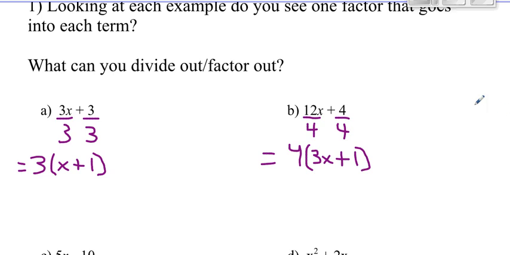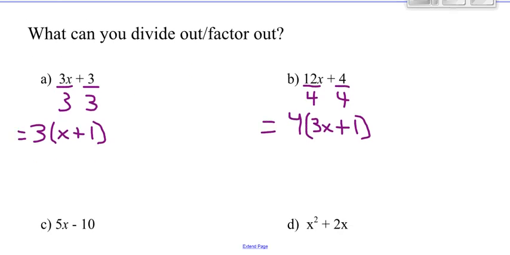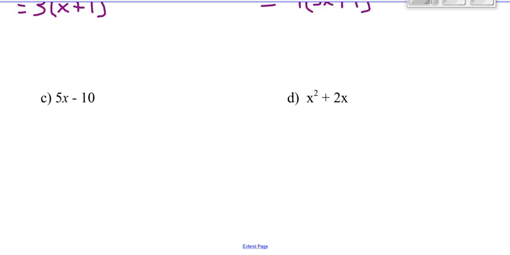Again, another way you could check this is by expanding or multiplying through by that number in front. Let me just expand here so I have some space to do these next ones. Okay, and again, we're going to common factor. So I'm looking at my 5x minus 10, and they are both divisible by 5. So my common factor is going to be that 5. Sorry, I forgot, my common factor is 5, so it comes out front of my bracket.